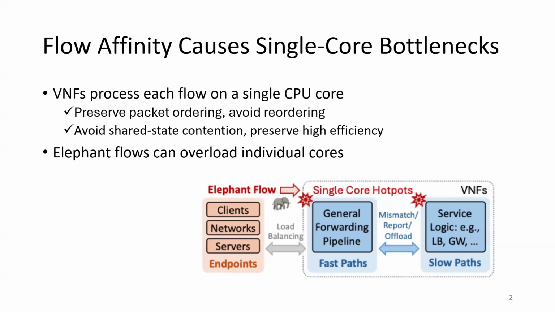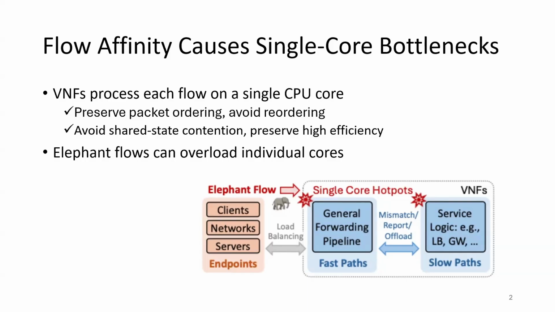First, it avoids packets out of order. If packets from the same flow are processed by multiple cores, the system needs synchronization or software-based reordering, which consumes significant CPU cycles. Second, it avoids shared state contention.